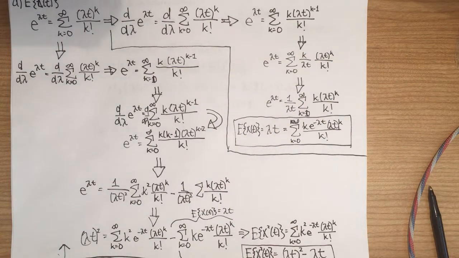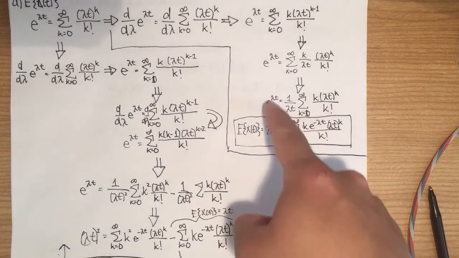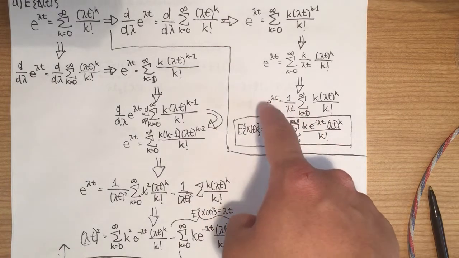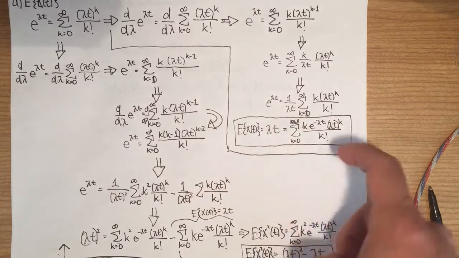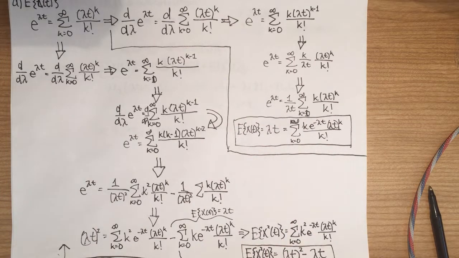You have k over lambda t times the quantity lambda t to the k over k factorial, and so you have your 1 over t over here. You move that over here, and then you move e to the lambda t back over here. You get the sum of k times e to the negative lambda t times the quantity lambda t to the k over k factorial, and that equals lambda t, and that is the expected value of x of t.